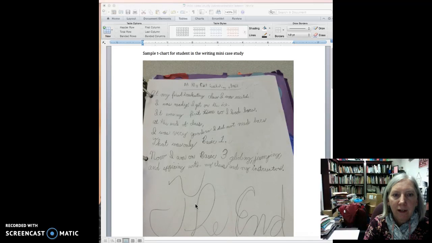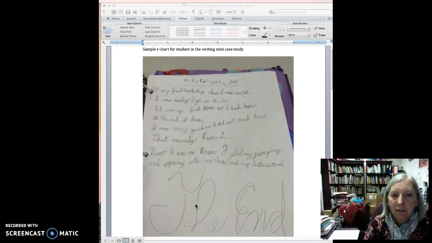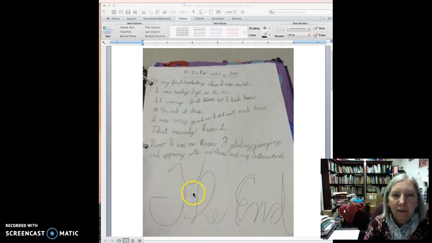So the first thing that I have here is a sample of the student's writing, and I think it's a fourth grader. I'm not really sure, but it looks like about fourth grade quality. And you can see it says, at my first ice skating class, I was excited. I was ready. I got on the ice.